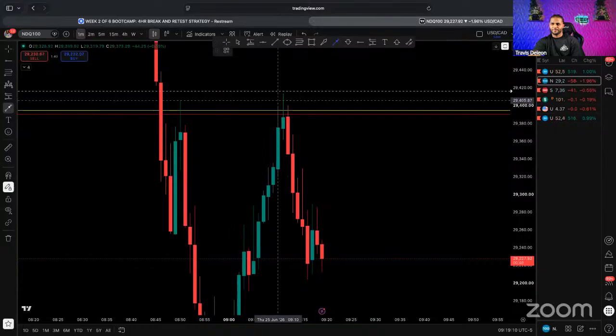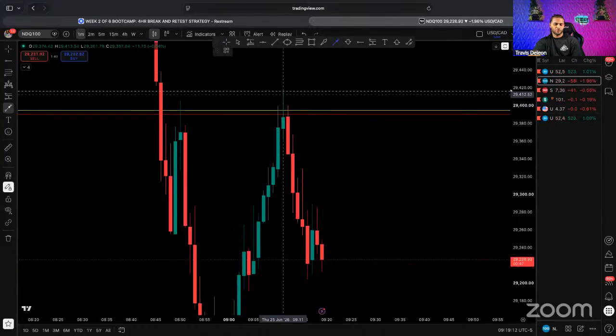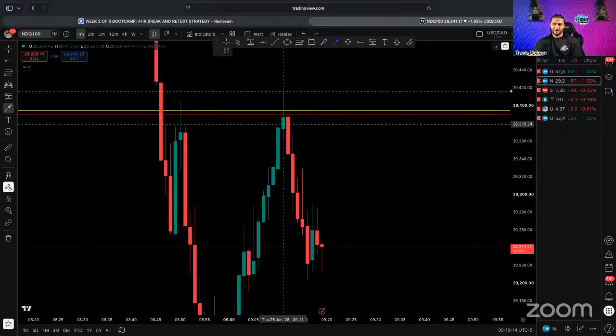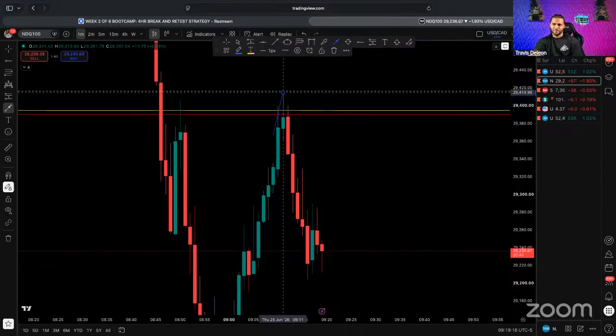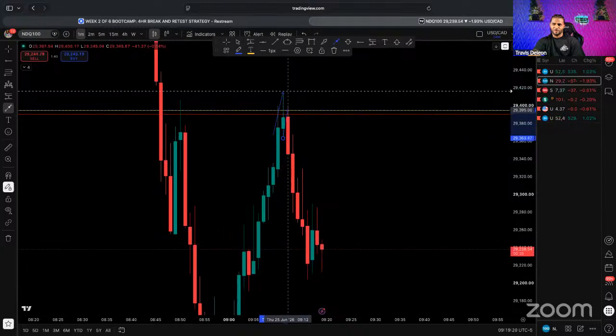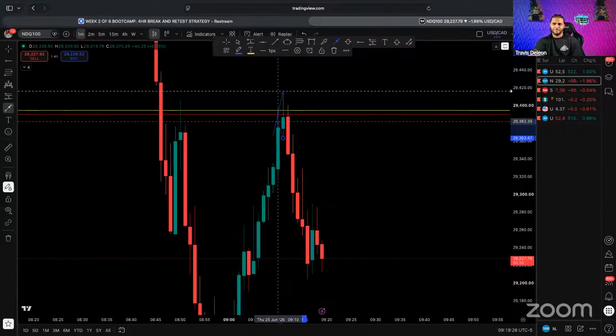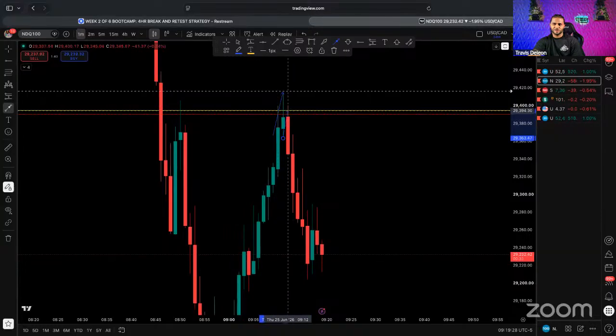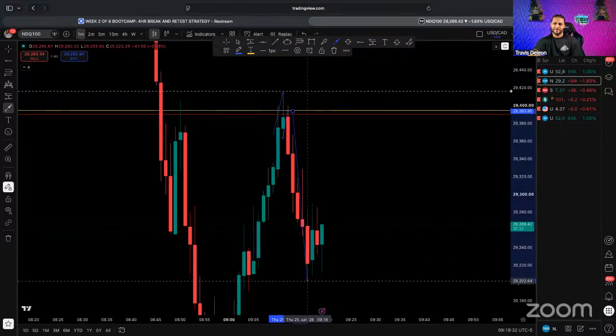A slight break above, no closure, came back under. Then the other 1 minute candle went above a little bit. Don't care about that, because the confirmation was already here. I'm getting in as soon as we come back right there and just sell down.